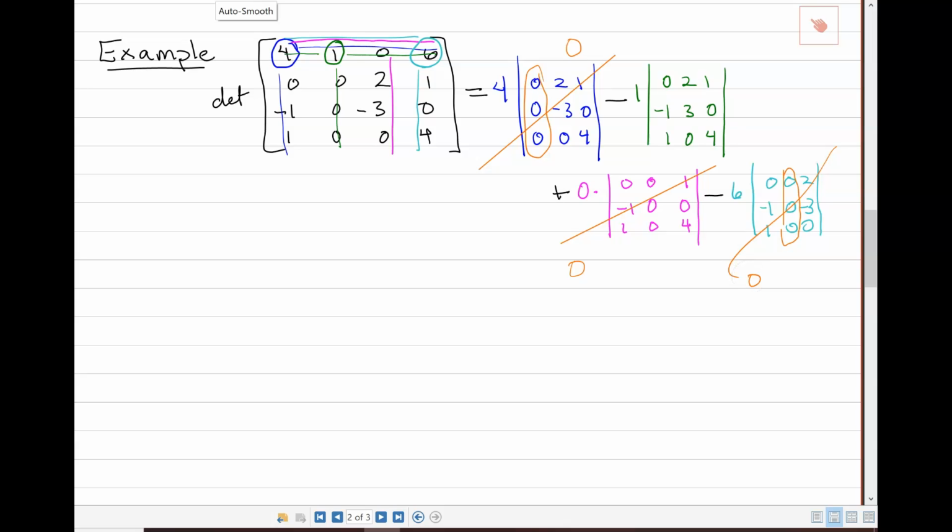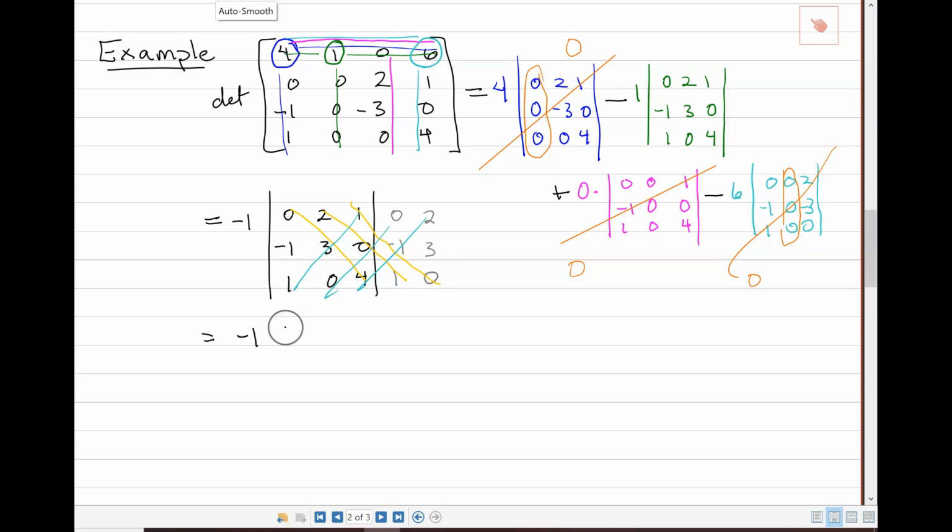So really, in the end, our determinant is just this one little piece: 1 times the determinant of 0, 2, 1, minus 1, 3, 0, and 1, 0, 4. And we know how to compute the determinant of a 3 by 3. We copy that and then do our forwards adding up and our backwards subtracting. So let's do it.